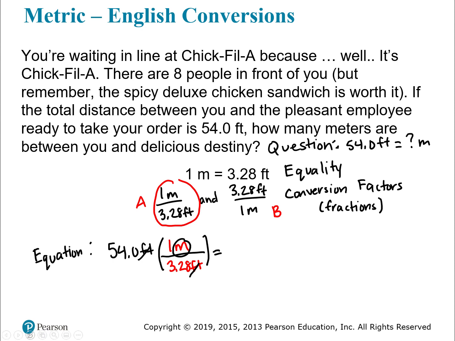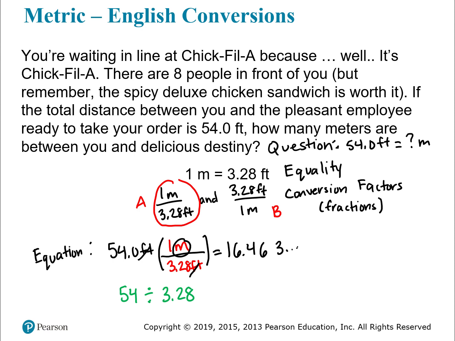When you put this into your calculator, you're going to take 54 and divide by 3.28. And when you do that, your calculator will give you a bunch of numbers after that decimal point.